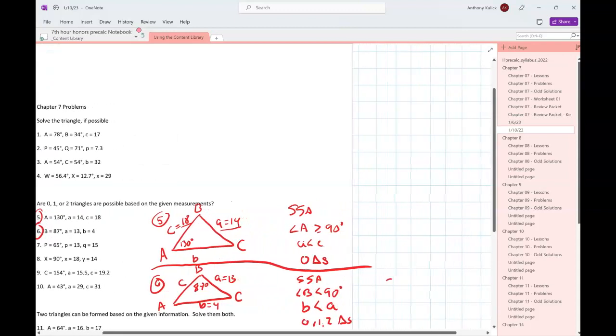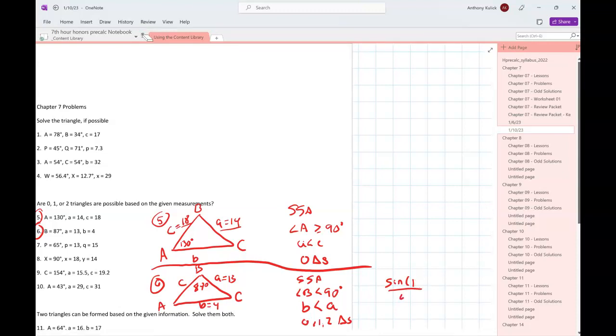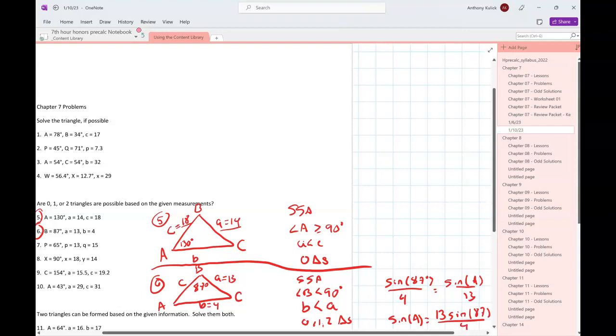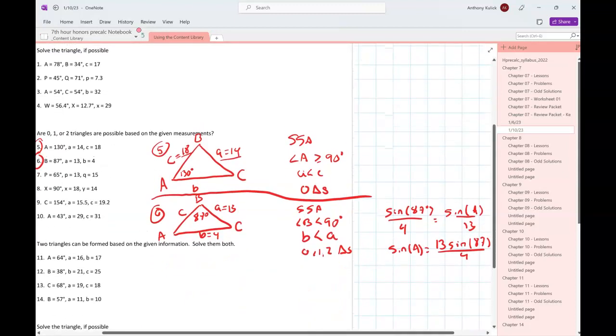To check which one it is, I'm going to set up a law of sines. So sine B over B, put the number in, equals sine A over A. If I cross multiply and divide, I'm going to get a value for sine A, and that number is going to tell me what's going on.